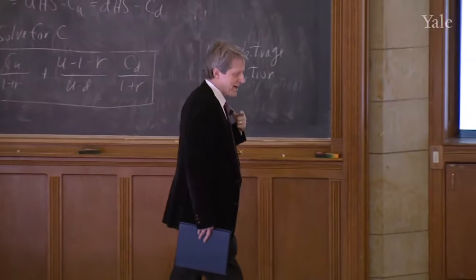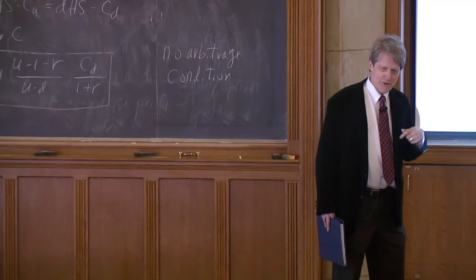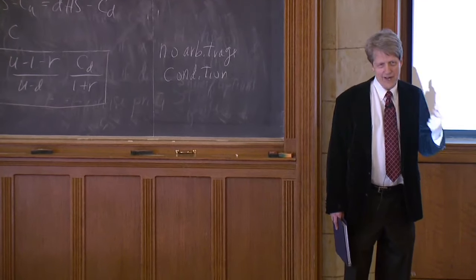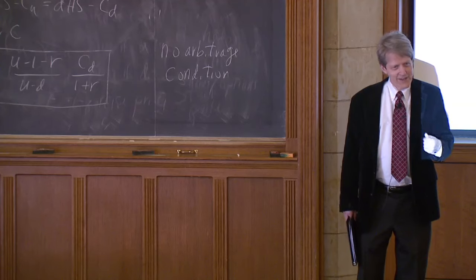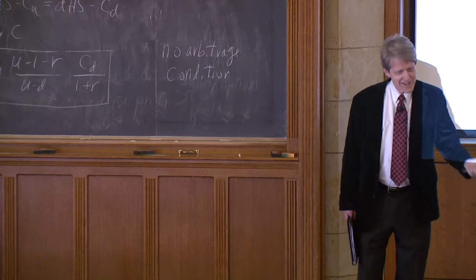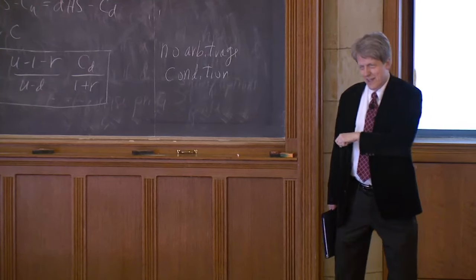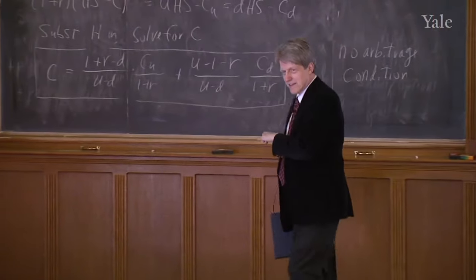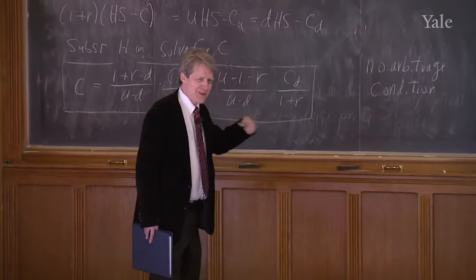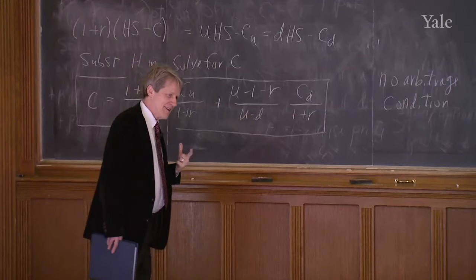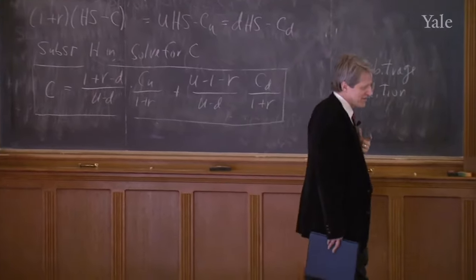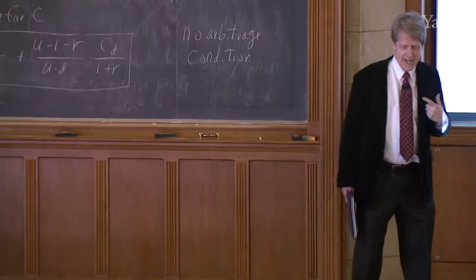Suppose the riskless rate is 5% and I can make 6% risklessly. Then I will borrow at the riskless rate and put it into the 6% opportunity, and I'll do that till kingdom come. There's no limit to how much I'll do that. I'll do it forever. It's too much of a profit opportunity to ever happen.